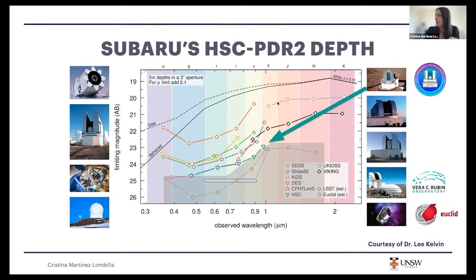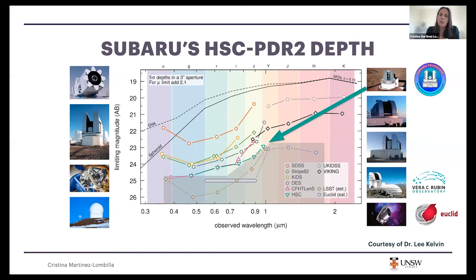These are labeled with solid lines. However, the fainter regime is still to be discovered. And here is where we find Euclid and the Vera Rubin Observatory, which is the one that will provide the LSST survey, as they aim to cover those faint areas, observing both in optical and infrared.